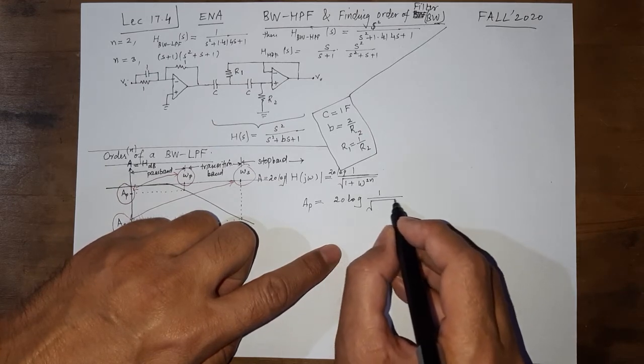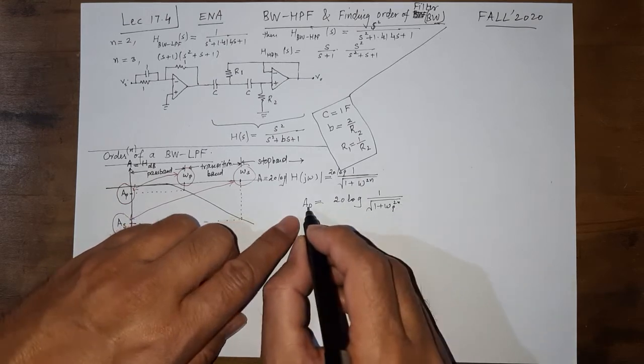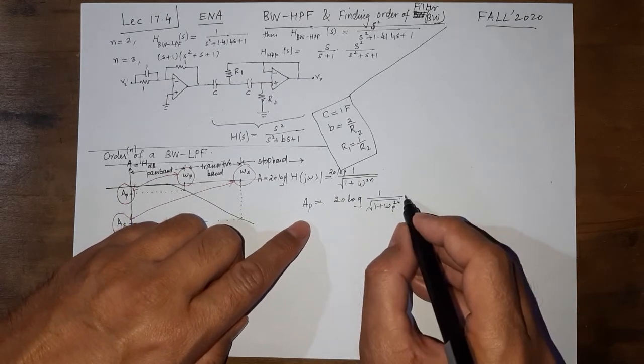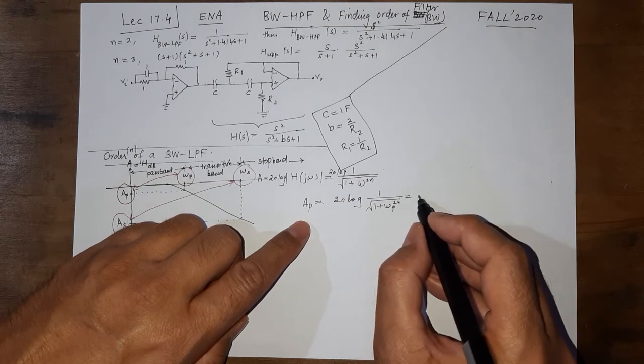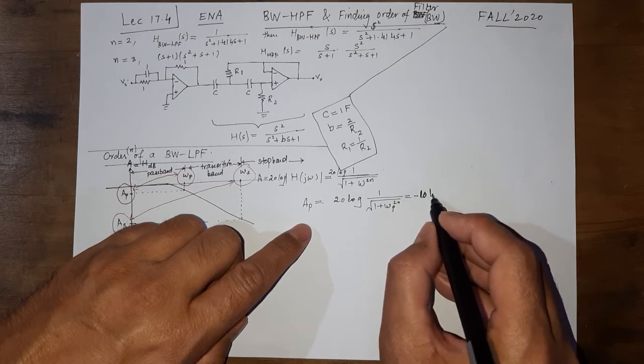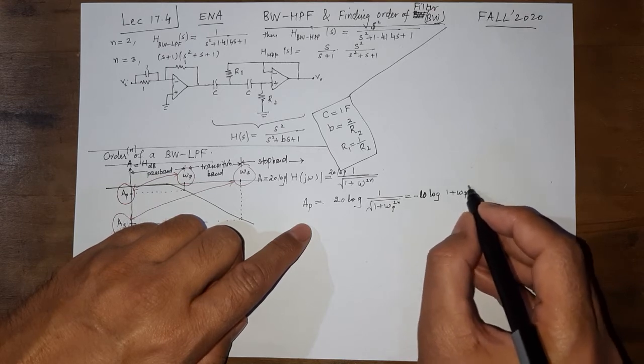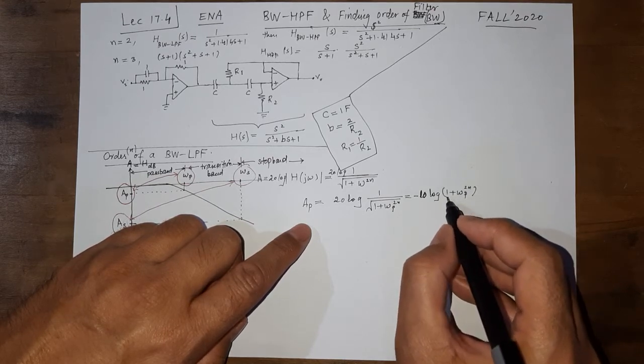1 over square root of 1 plus omega p power 2n, because AP belongs to omega p. And this will be equal to minus 10 log of 1 plus omega p power 2n.